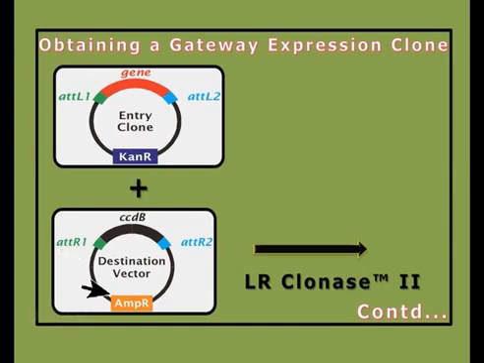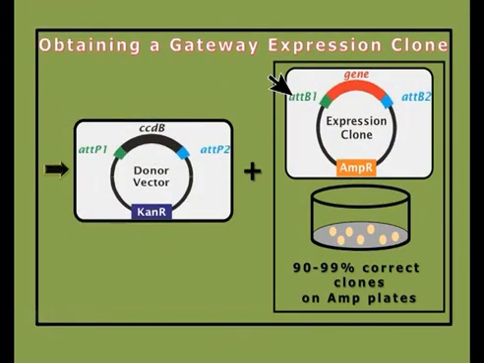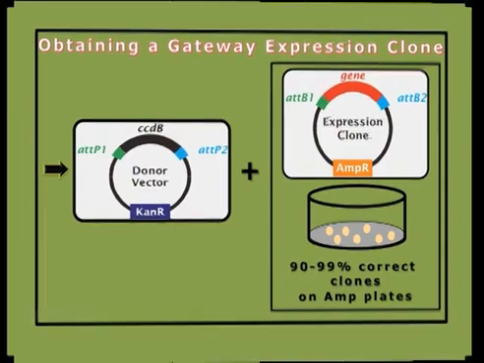Here the selection marker is ampicillin resistance, which is flanked by attR1 and attR2. A counter selectable marker is there. We add the enzyme called LR clonase, which carries out the transfer of the gene from between attL1 and attL2 sites to attB1 and attB2 sites. And herein the efficiency is 90 to 95% of the clones being the correct ones.